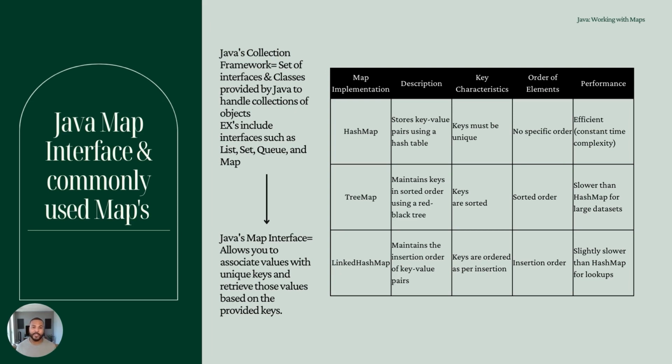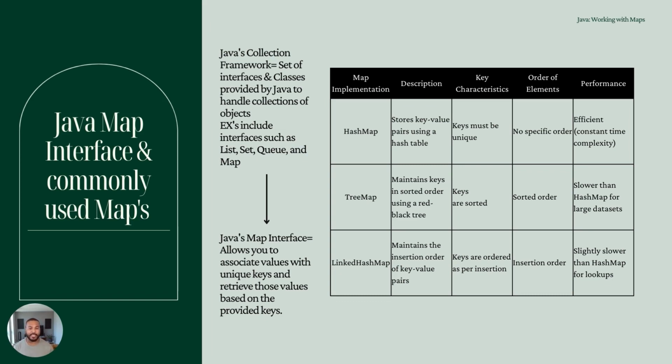I give a description, key characteristics, the order of elements, and the performance considerations in this table. The HashMap is an implementation of the Map interface that provides fast and efficient data lookup. It uses a hash table to store key-value pairs, allowing constant time complexity for most operations.